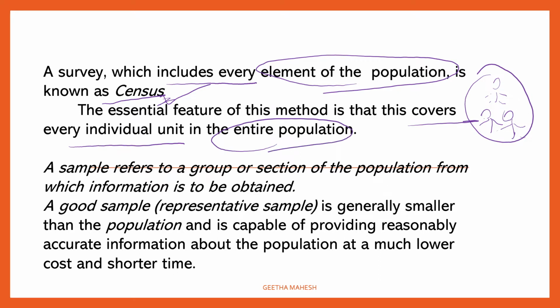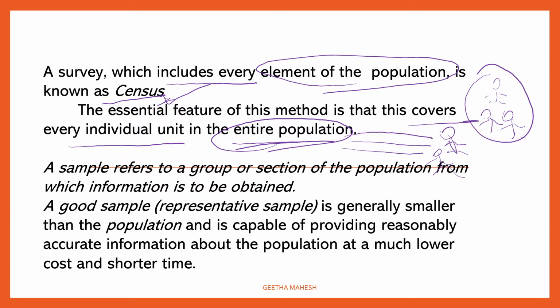If you consider a sample, it is going to collect the information from representative units. It won't cover the entire population, but from the population, they are going to select representative units, and from those representative units we are going to collect the information.